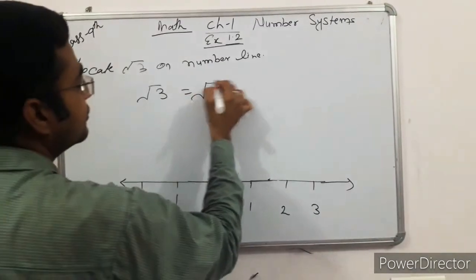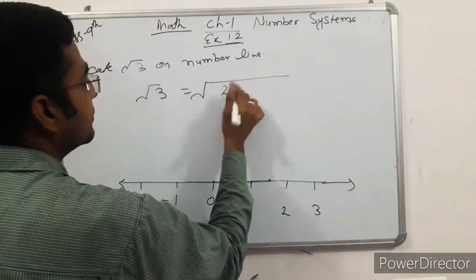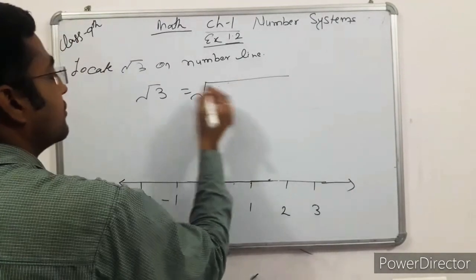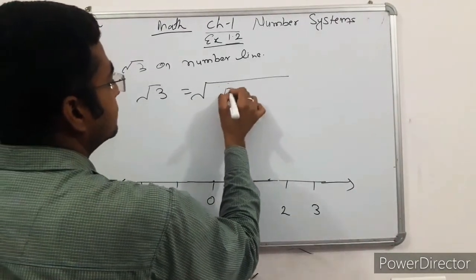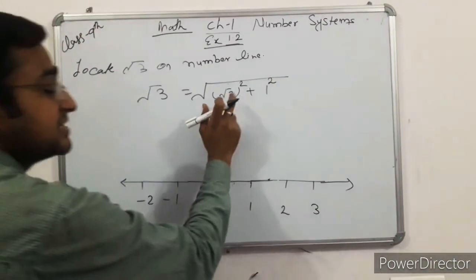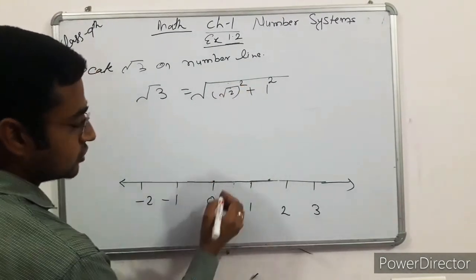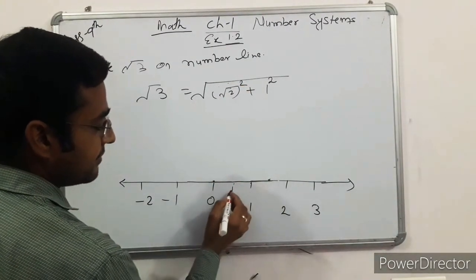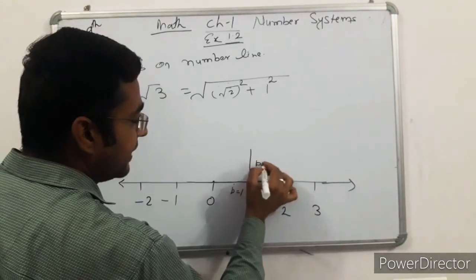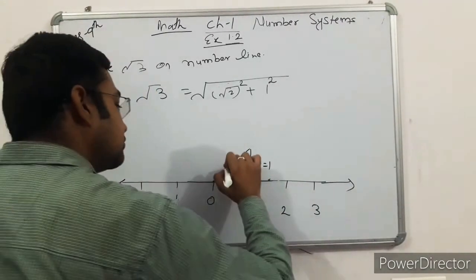Root 3 is equal to the square root of root 2 square plus 1 square. Now again see root 2, it comes here. The base is equal to 1, the perpendicular is also 1, so this hypotenuse represents our root 2.